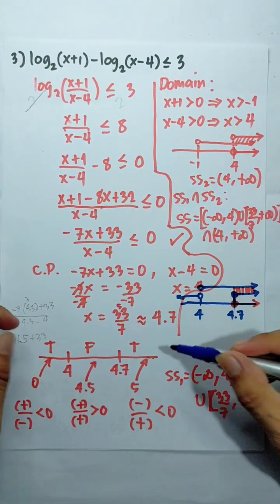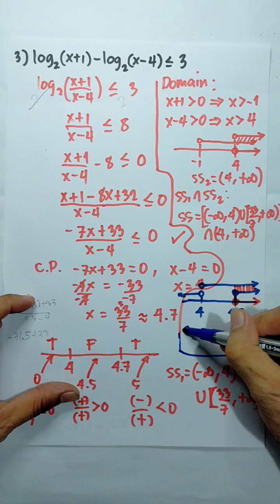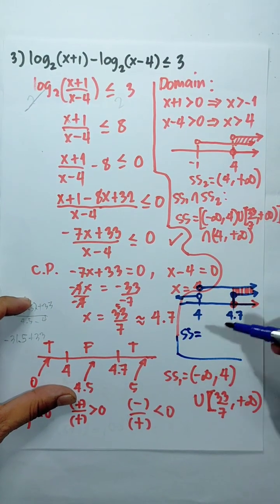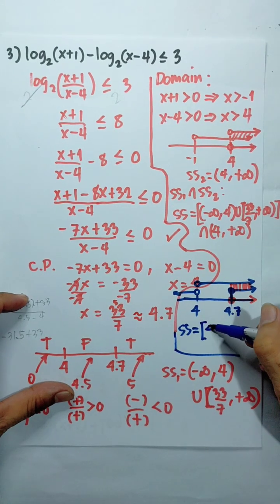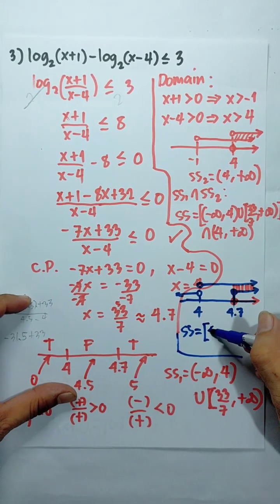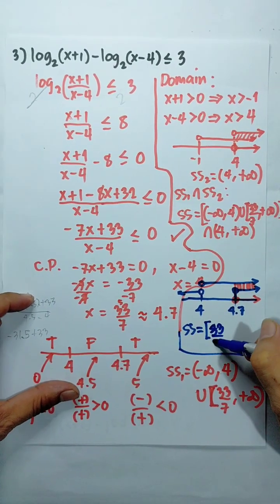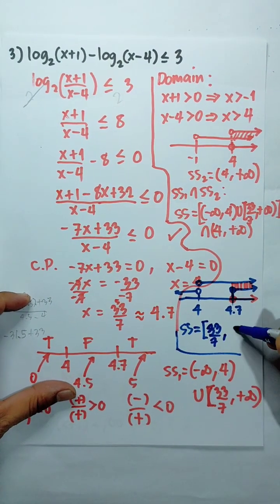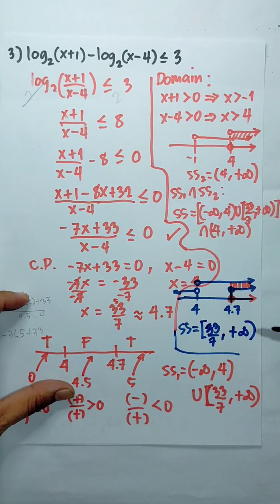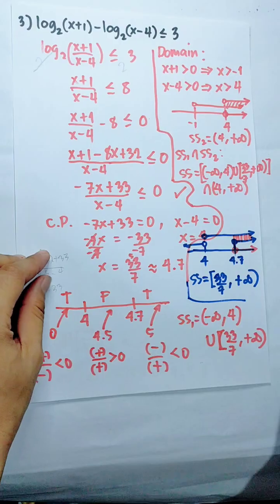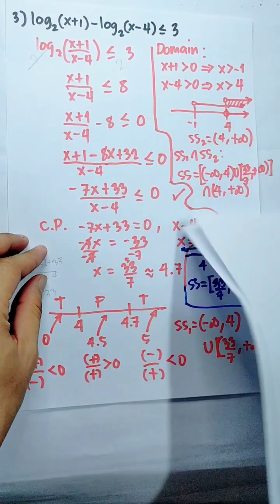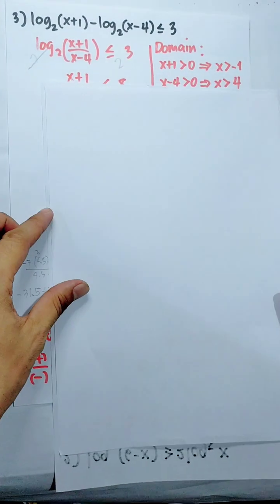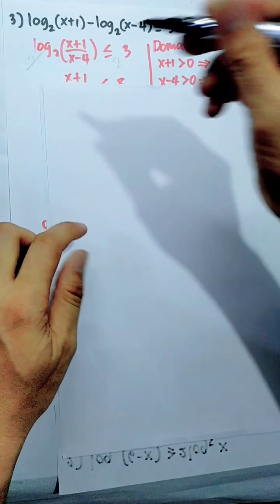Therefore, the solution set is equal to the interval 4.7 or 33/7 to positive infinity.